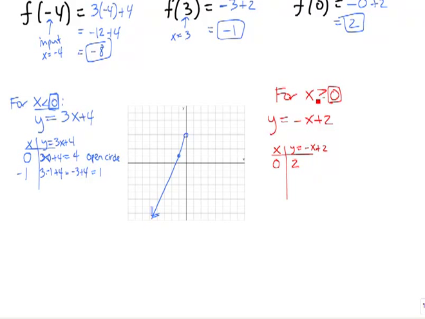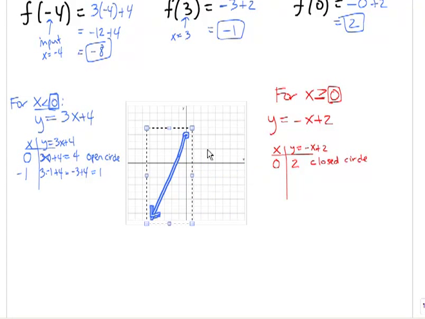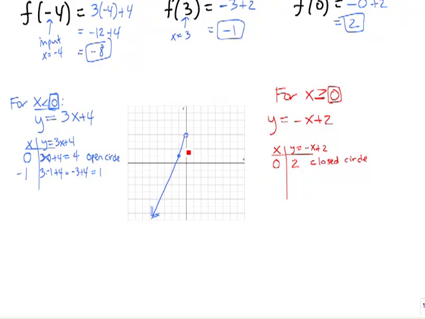Now notice in the inequality, this had an equal bar. So this time we do get to plot that actual point, and this is going to have a closed circle around it. So when I go to 0, 2, I'm going to put a solid little dot right there.